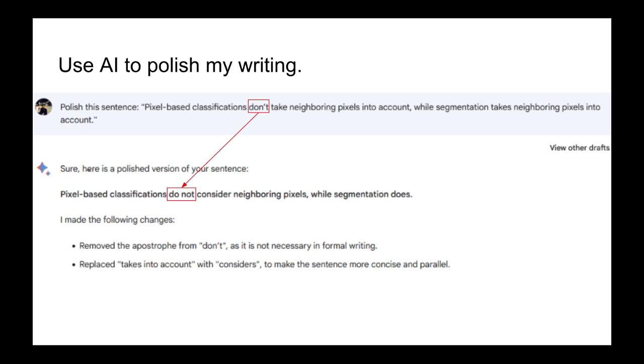So first, one of the most common uses for ChatGPT or Bard is to polish my writing. For example, in this example, I use "don't" in my sentences, but in a research paper, it should be written in a more formal way. So it should write "do not." So AI can polish my writing.